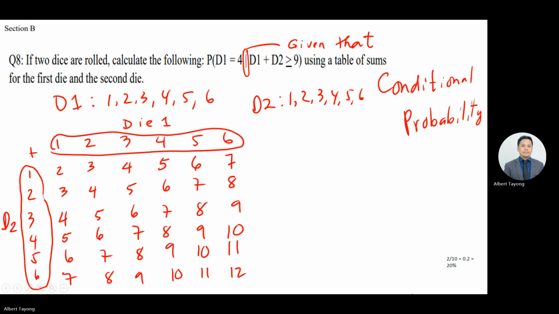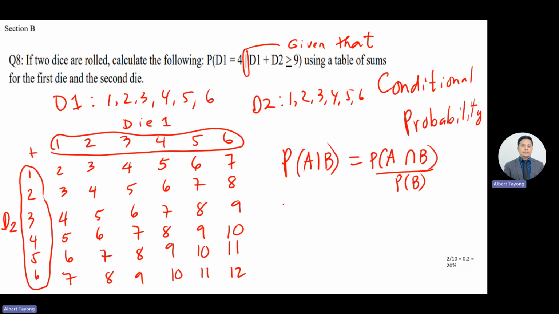Now, this is using the conditional: P of A intersection B over P of B. Our A is D1 equals 4, given that our B is D1 plus D2 greater than or equal to 9.